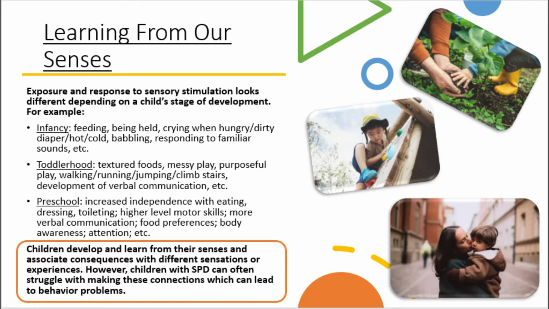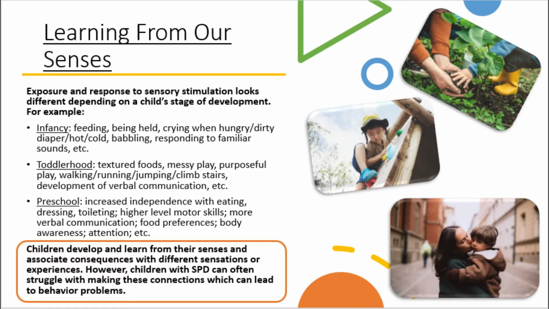They'll babble or coo, and they respond to familiar and comforting sounds. Toddlers are exposed to more textured foods and messy play. They begin purposeful play. They're typically walking, running, jumping, climbing stairs, and discovering gravity if they haven't yet through falling. They begin to use some verbal communication, etc.